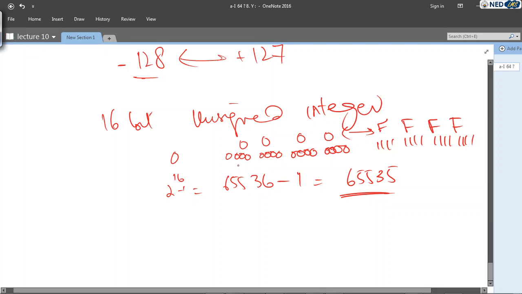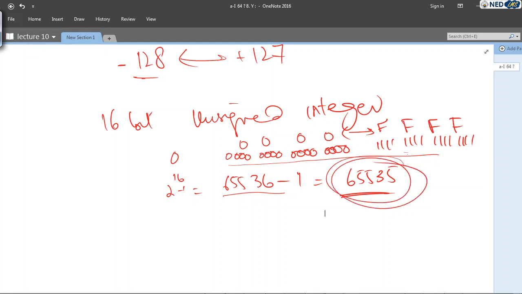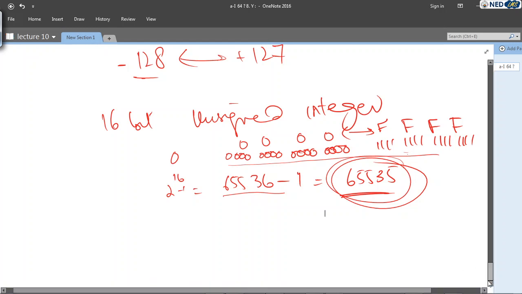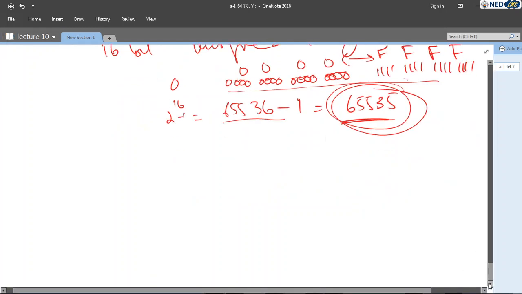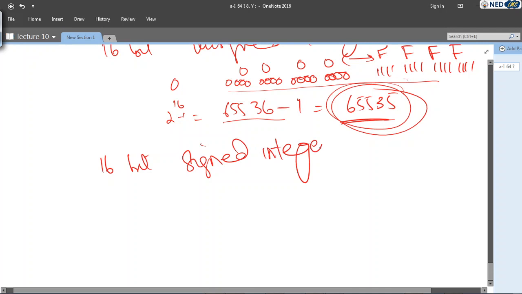Since we have 65536 possible combinations going from all zeros to all ones, but we are also counting 0, the maximum number would be from 0 to 65535. So as the second last example, let's say we have a 16-bit signed integer.